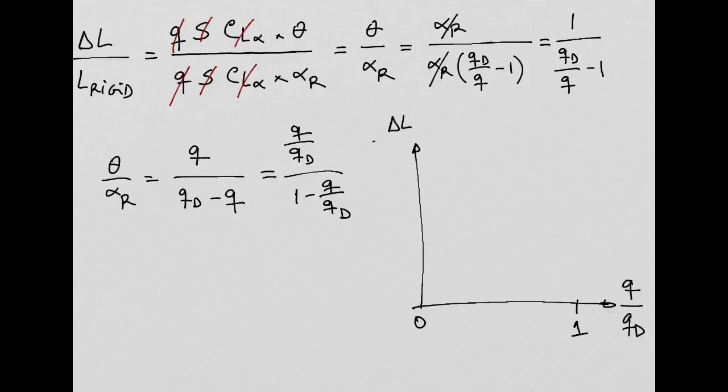If I have here the variation in lift over the rigid lift, we will have a curve something like this. It goes to infinity when it approaches 1, which means we will have a huge amount of lift. Okay?